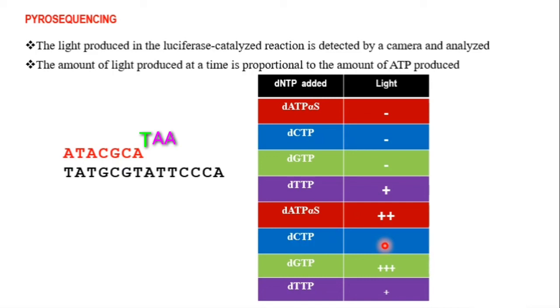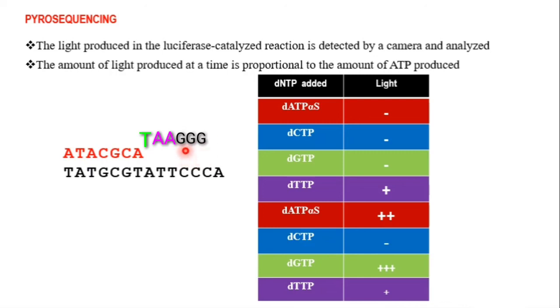And again the system will add dGTP. Here you see three C sequences are there, and its complement will be G, so three dGTP will be added here. 1, 2, 3.